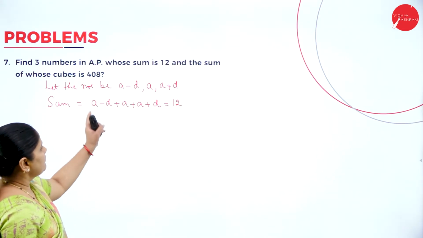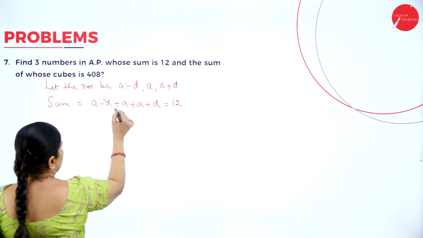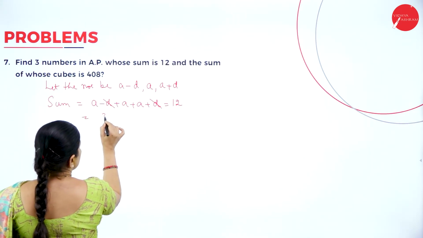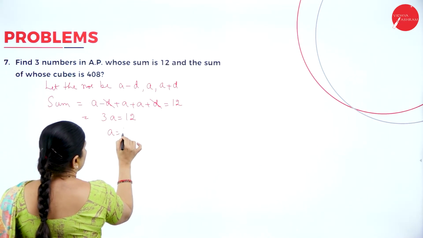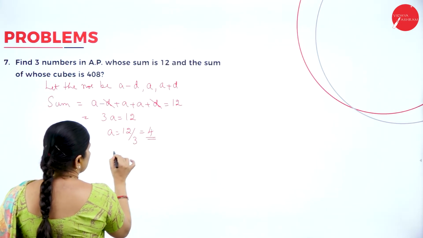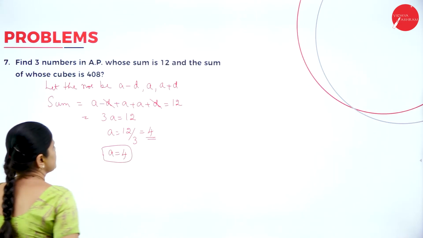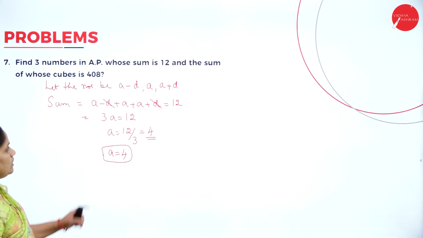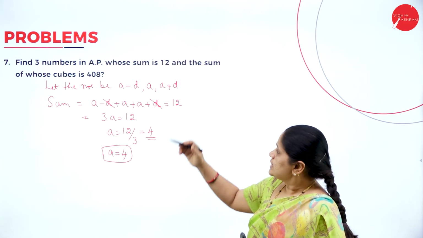So when we add all these numbers, we get 12. The d and d get cancelled. So 3a equals 12, a equals 12 by 3, that is 4. So we know what a is here. a is 4.